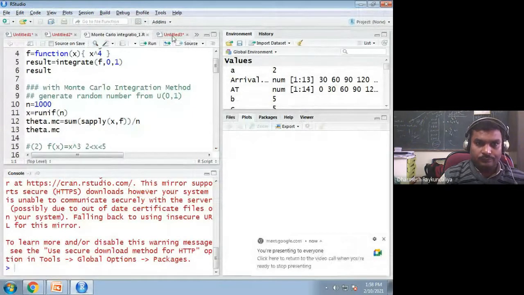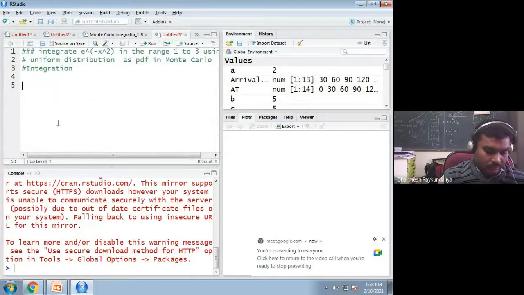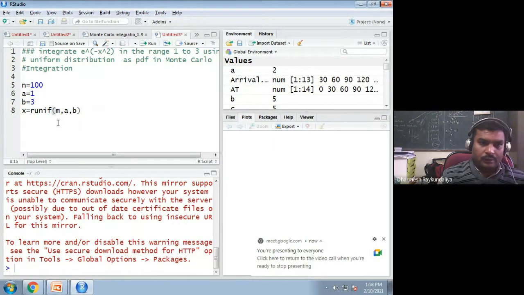So let us take n equal to 100. For x you have to generate runif, how many? n. What is the range? It is a comma b, where a is equal to 1 and b is equal to 3. Before that you have to give the function.